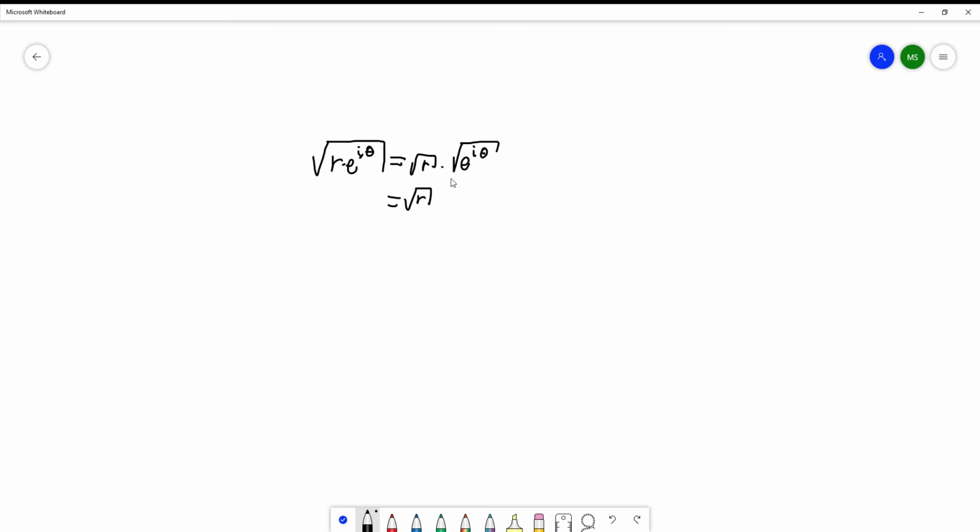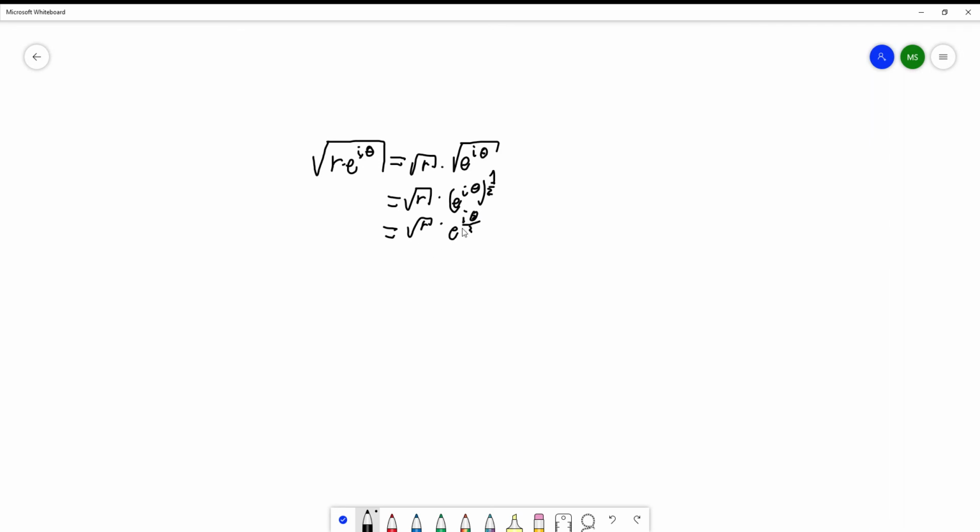Now this, we can actually do e to the i theta to the power of 1/2, because that's the square root. Now we can multiply the exponents, so that's square root of r times e to the i theta divided by 2.